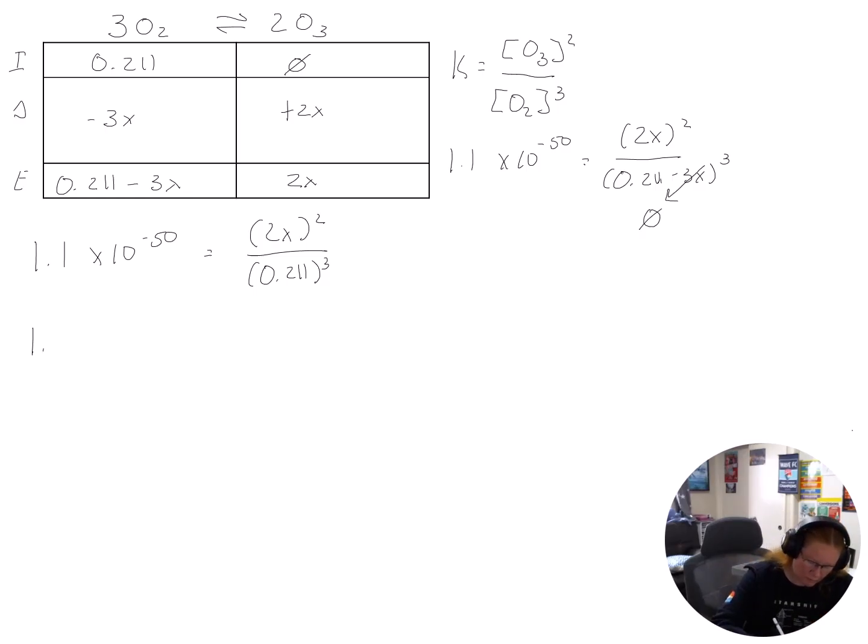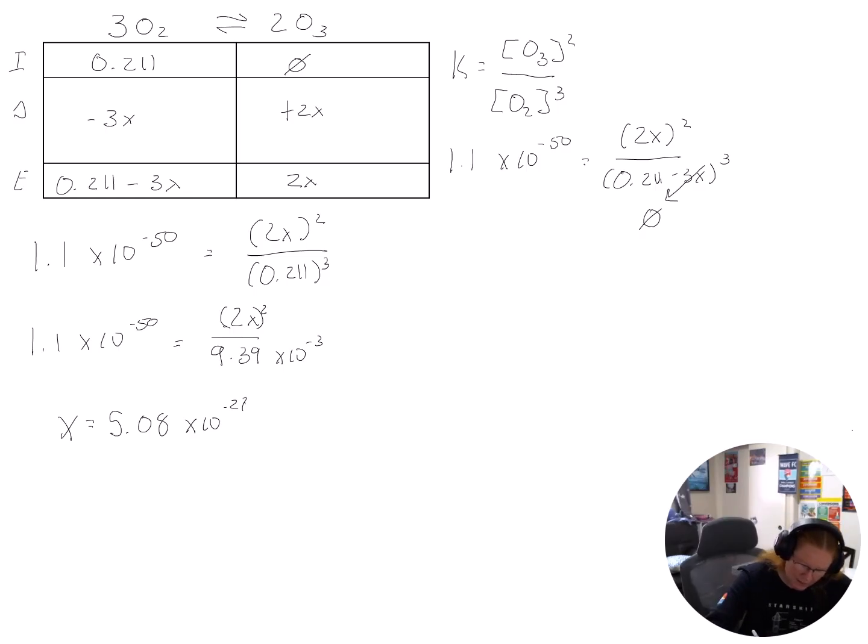All right, which gives us 1.1 times 10 to the negative 50th is equal to 2x squared over 9.39 times 10 to the negative third. Okay, and then we do a bunch of algebra and we get x is equal to 5.08 times 10 to the negative 27th.